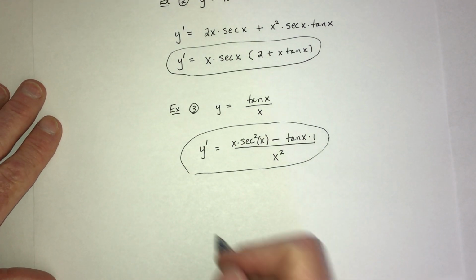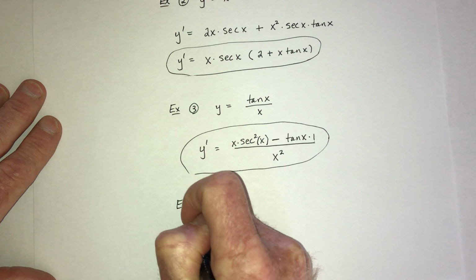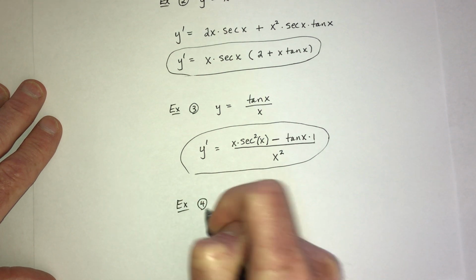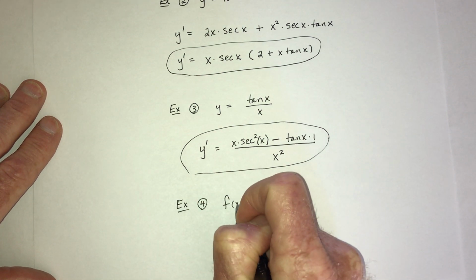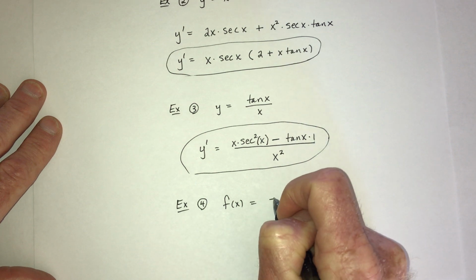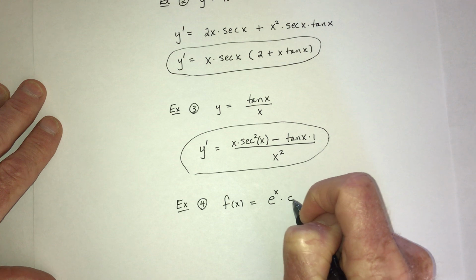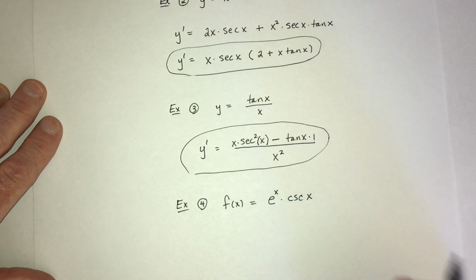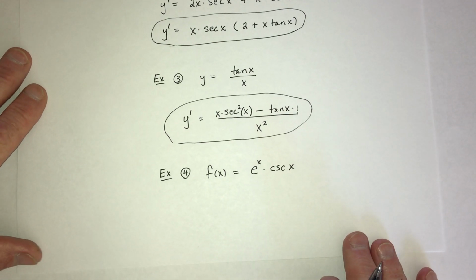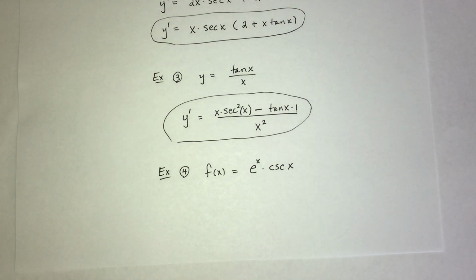Then for example number 4, how about if the function is e to the x times cosecant x? Then what's the derivative of this? You're right, we get to use the product rule.